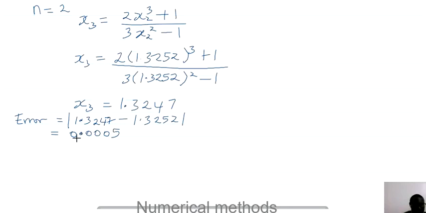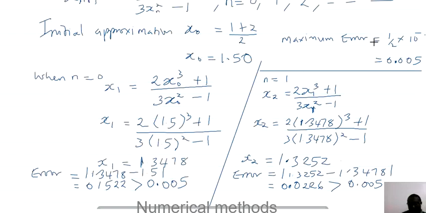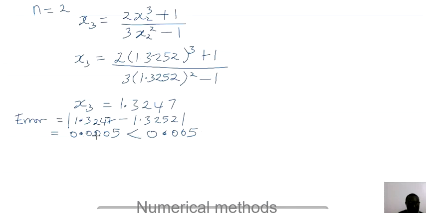Now you can see that the error here is less than the maximum error, which is 0.005. So the maximum error here is 0.005, and the computed error here is 0.0005, which is less than the maximum error.